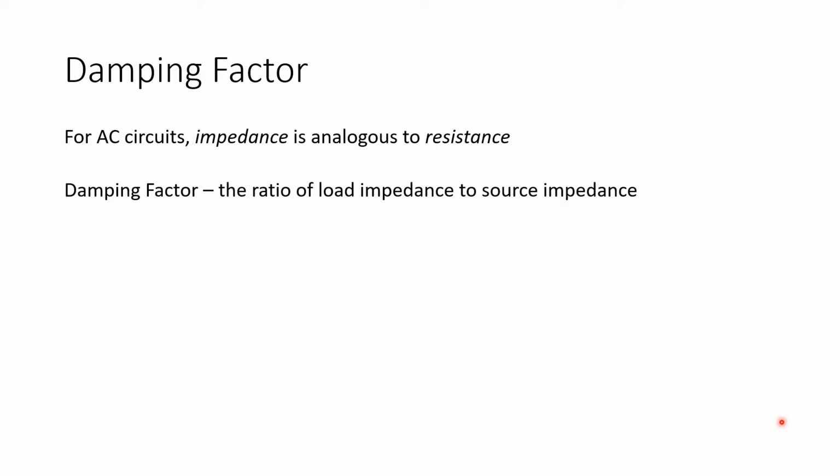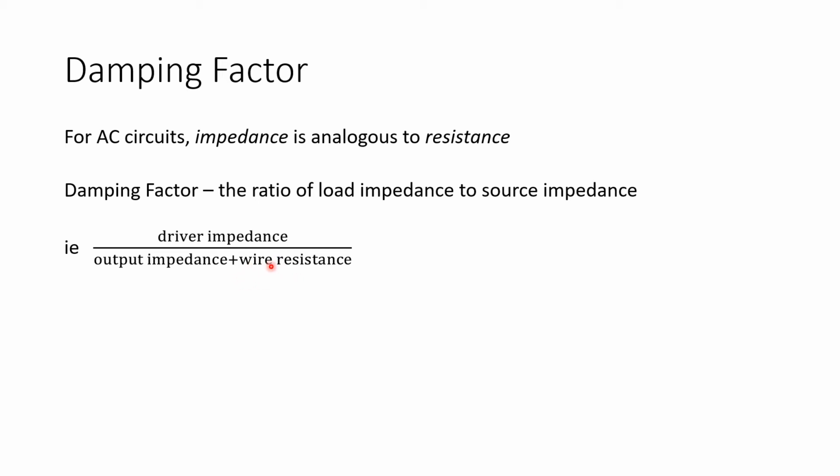The damping factor, the fancy definition, if you will, is the ratio of load impedance to source impedance, which basically just means take your driver impedance, which is typically like 4 or 8 ohms for a speaker, and then for headphones it varies wildly from like 25 ohms on up to 600 ohms. Okay, but you take your load impedance, your driver impedance, put it on top of your fraction, and then you sum the output impedance and the wire resistance, put that in the denominator.